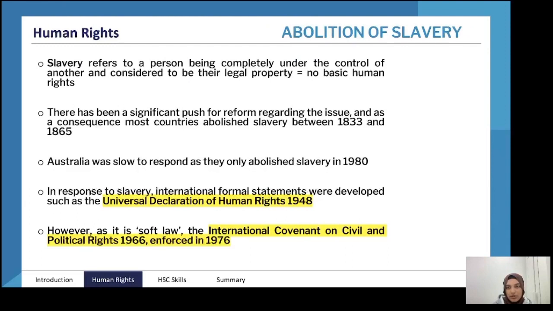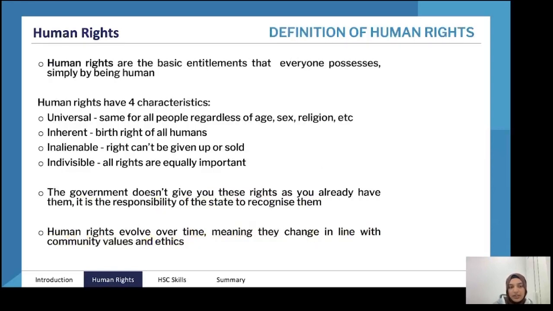So let's move on to the abolition of slavery. So slavery, what does it refer to? It's basically a person being completely under the control of another person and considered to be their legal property. So there are no basic human rights, and we can already see that these are not being achieved, right?